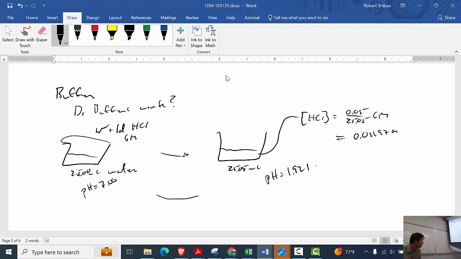So that's 5 orders of magnitude. Actually not weaker, 10 to the 5th stronger, or more acidic. 10 to the 5th times more acidic, sorry. Let's just say more acidic. Water is 10 to the 5th times weaker. So would you call that a pretty significant pH change?